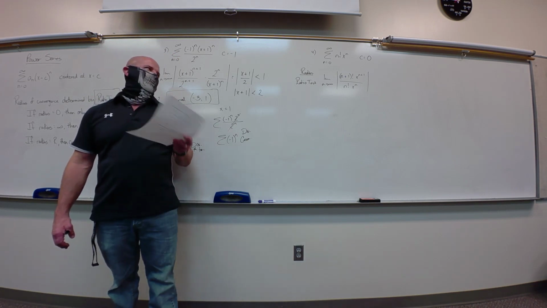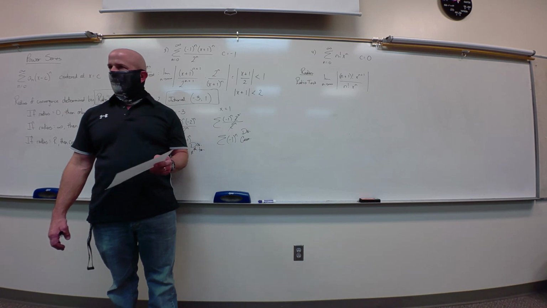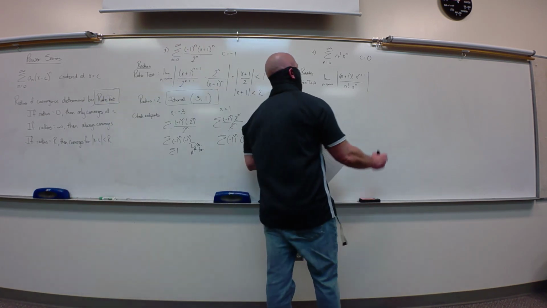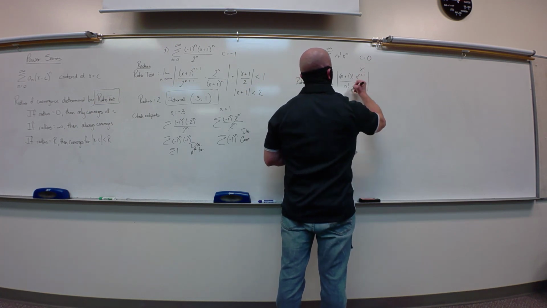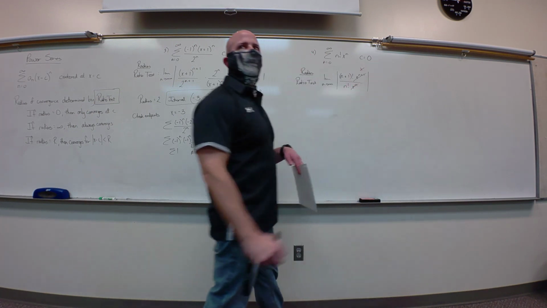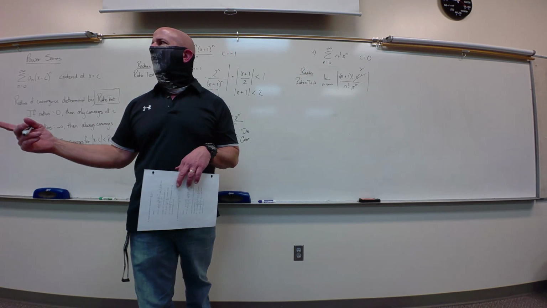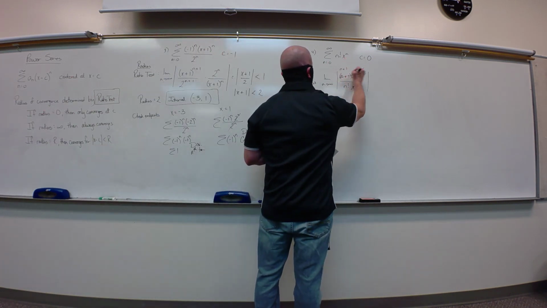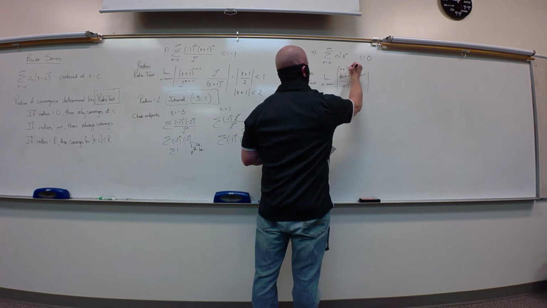All right, what goes, what stays here? So on the top, the x to the n cancels, we can just leave x. And the factorials cancel, leaving an n plus 1 on the top. Okay, so n plus 1 left on the top. Now take out the rest of the factorials.